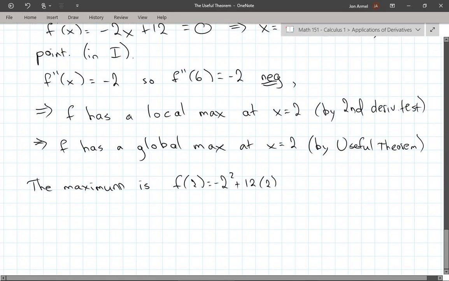So negative 6 squared plus 12 times 6. So that is 72 minus 36 equals 36. So the maximum is 36, and it occurs at x equals 6.